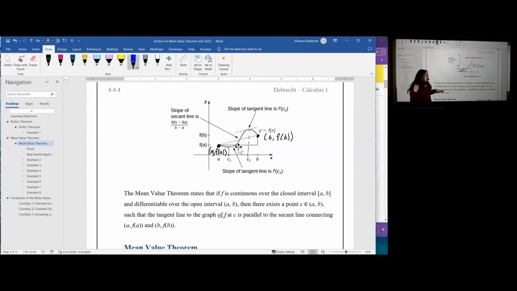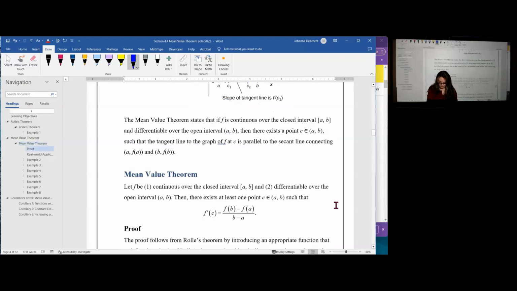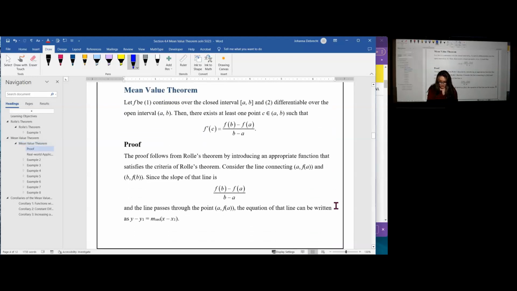Let's go ahead and take a look now at the formal statement of the mean value theorem. The mean value theorem says, let f be a function that is continuous over the closed interval a to b and differentiable over the open interval a to b. First two conditions of Rolle's theorem.